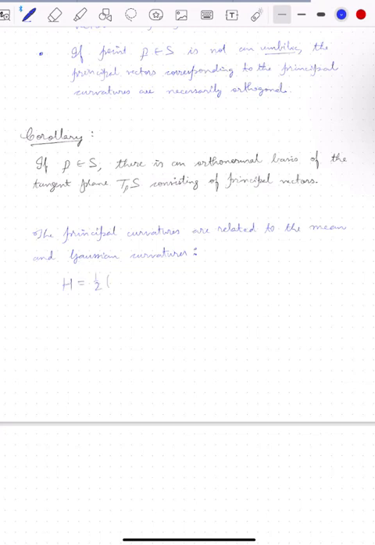H is equal to half of kappa 1 plus kappa 2, and K is equal to kappa 1 kappa 2.